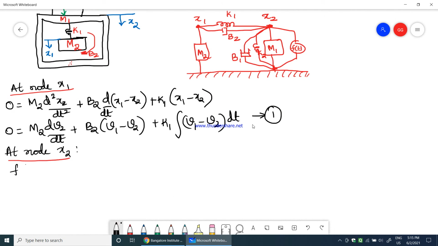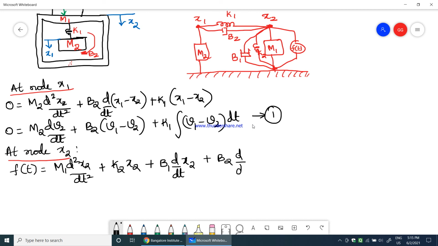F of t equals m1 into d square x2 by dt square plus we have k2 into x2, because k2 is connected only to x2, b1 into d by dt of x2 plus b2 into d by dt of x2 minus x1 plus k1 into x2 minus x1.